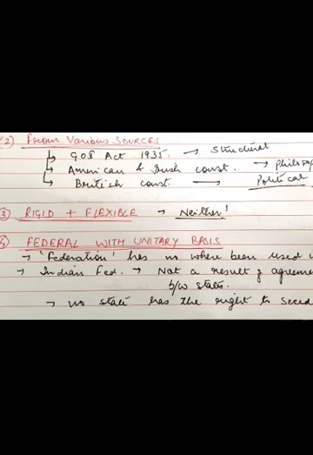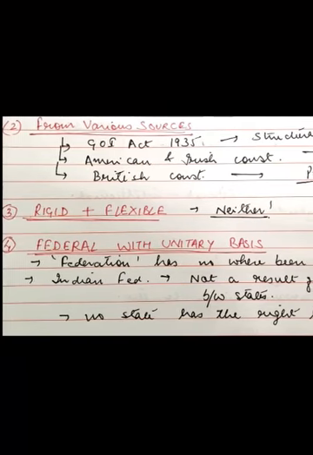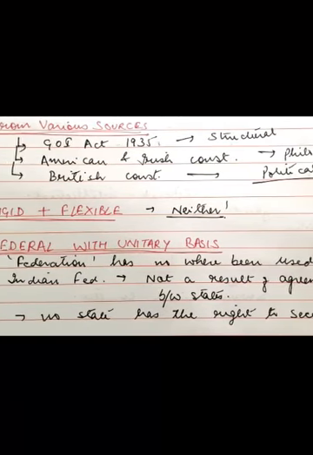The Indian Constitution also contains a large number of unitary or non-federal features. And the interesting part here is that the word federation has nowhere been used in the Constitution.